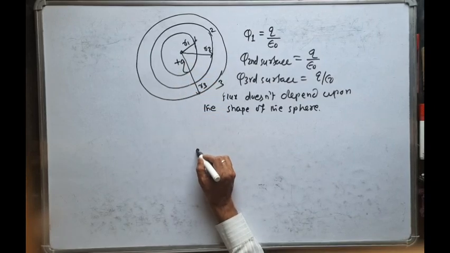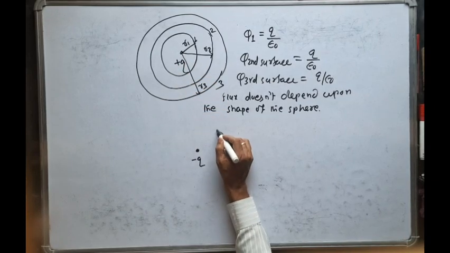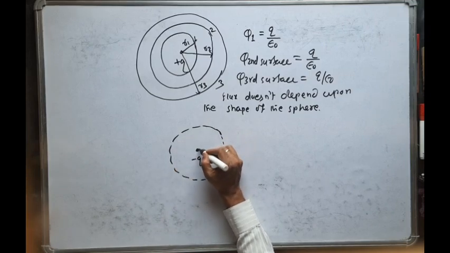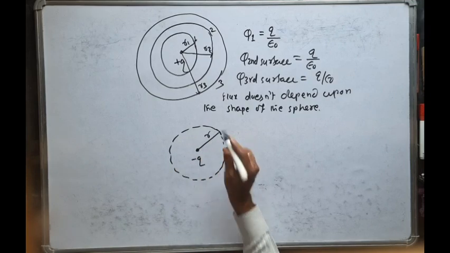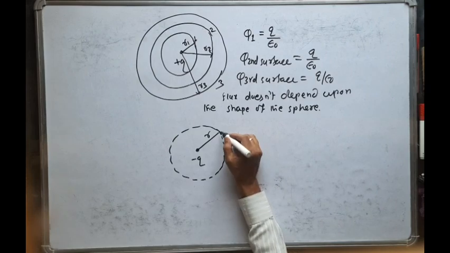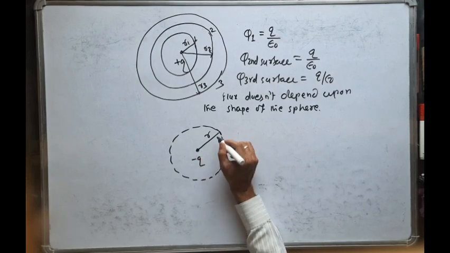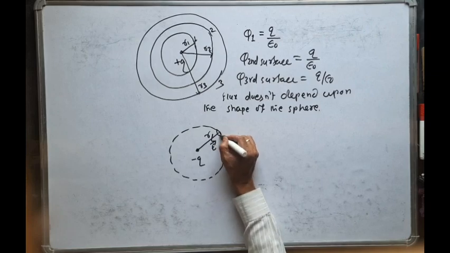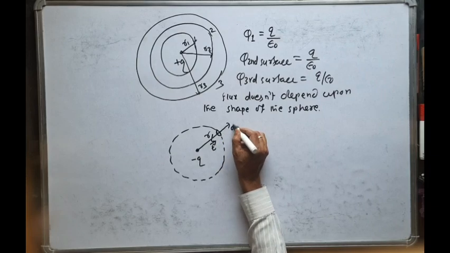If I take a negative charge and I want to find the electric flux through a closed surface of radius r, what is the value of flux? Since it is a negative charge, the electric field is towards the center. If I take a small element dA, its area vector is dA.